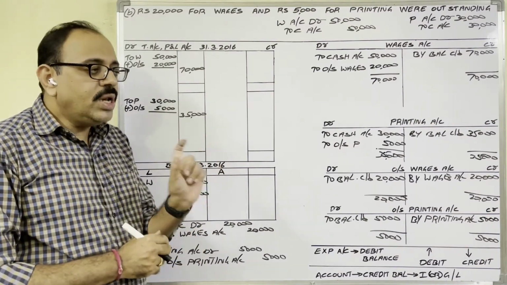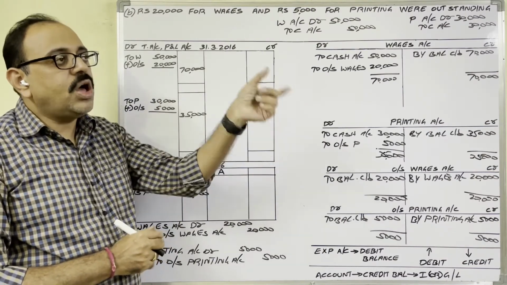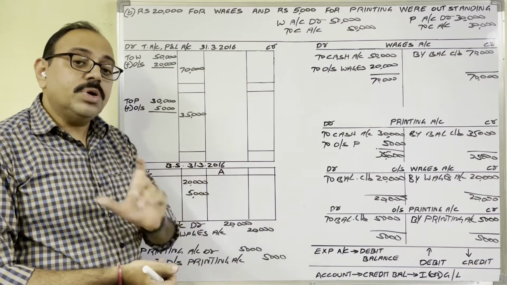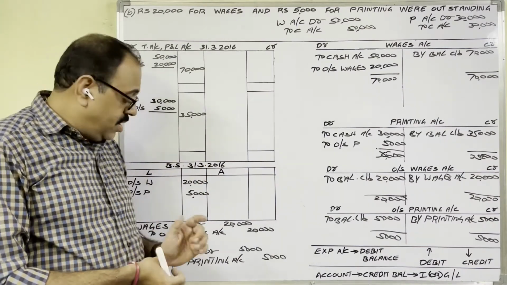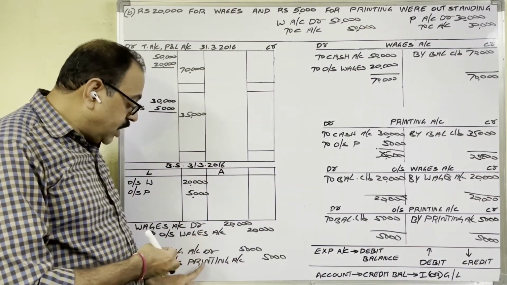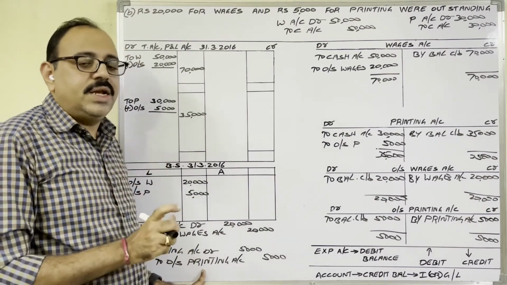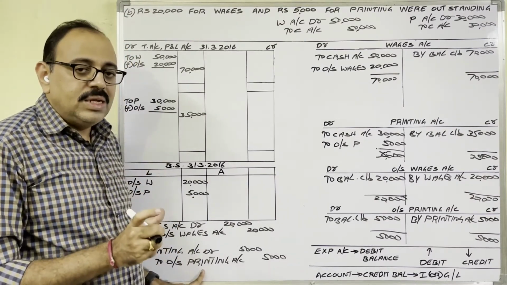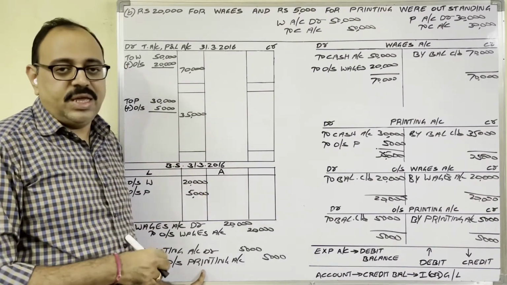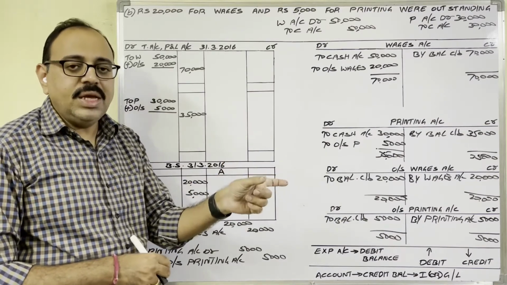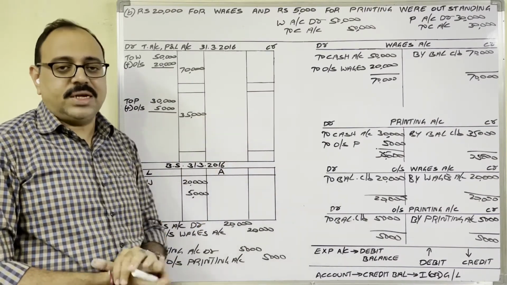If any account is representing a person or firm's name, that account is known as a representative personal account. And these representative personal accounts are credited. If any personal account is credited, then the meaning is that account is a liability. If a personal account is debited, then the meaning is that personal account is an asset.